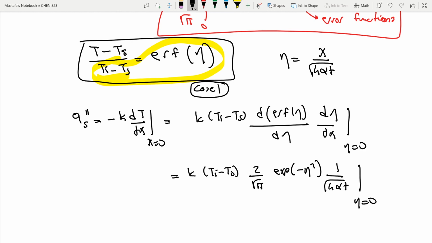E to the 0 is 1, so I obtain the following solution: k. Sorry, there is a negative sign, so I switch Ts and Ti. Then 2 and the square root of 4 will cancel, so we'll have the square root of pi alpha t. So this is the heat flux.